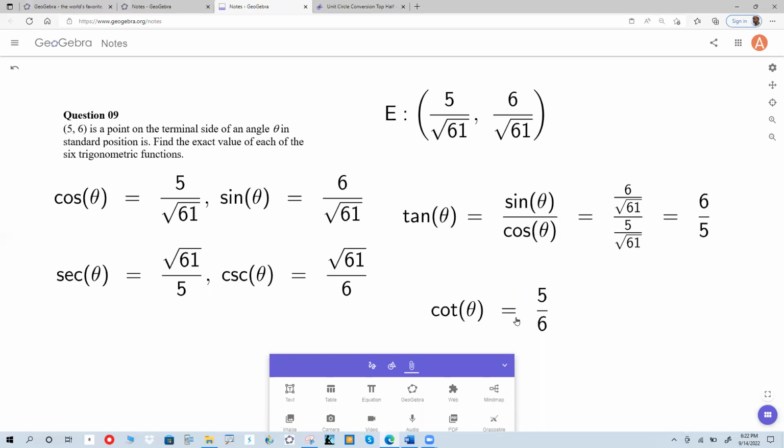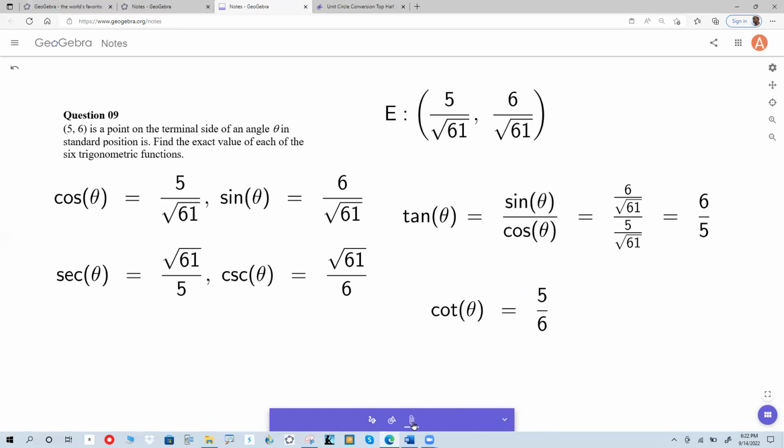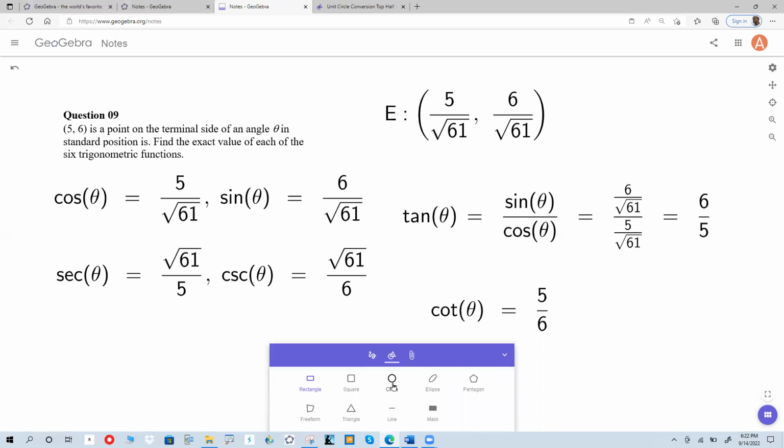I have all 6 right here. These are my answers. Let me see if I can highlight them a little bit.